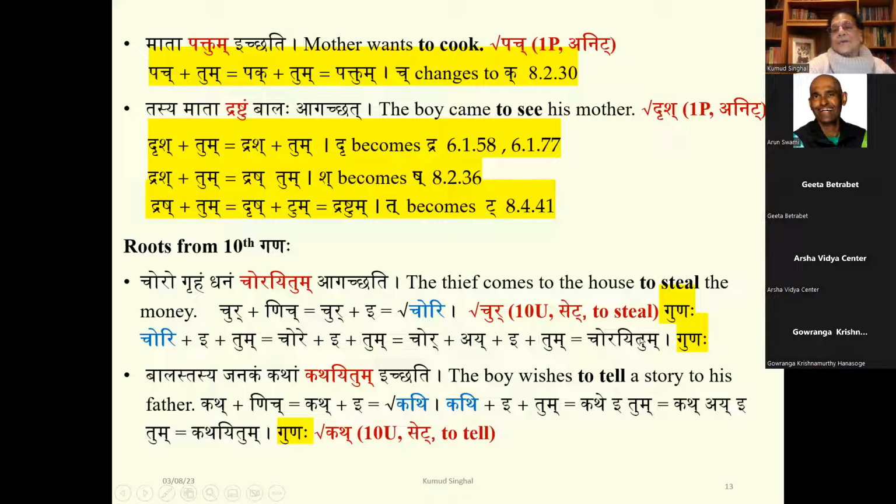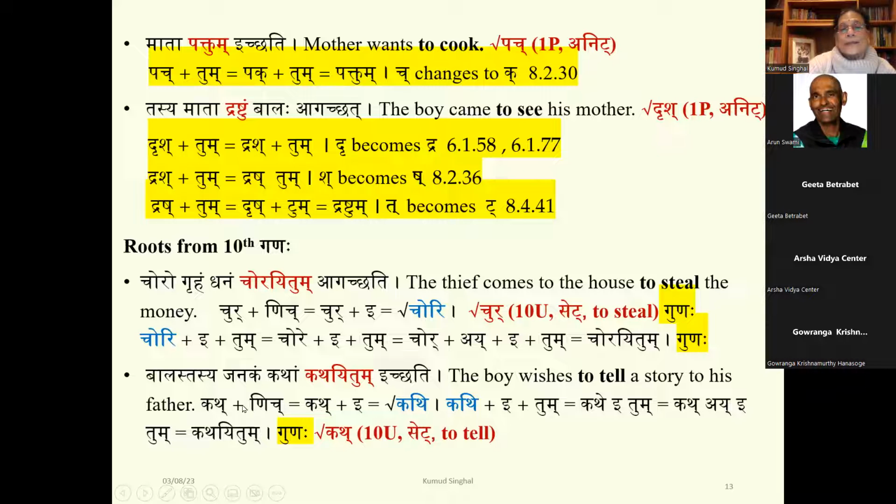That's the final form. So again, if you take the root here, balaha tasya janakam katham kathayatum. Katha is a 10th gana root. So the boy wishes to tell a story to his father. You take the root katha, you add the nich pratyaya because it is from the 10th gana, and then you have katha plus e, so you have kathi.